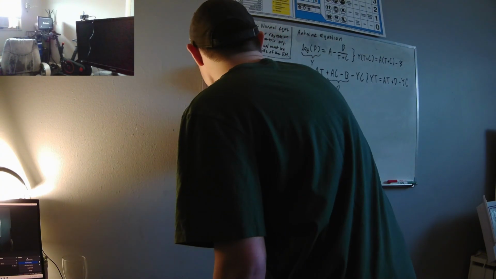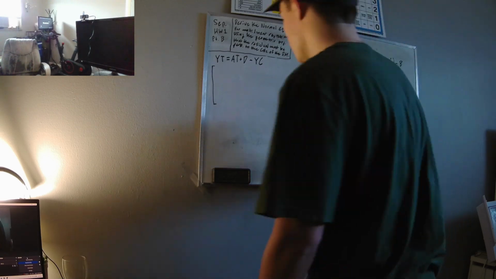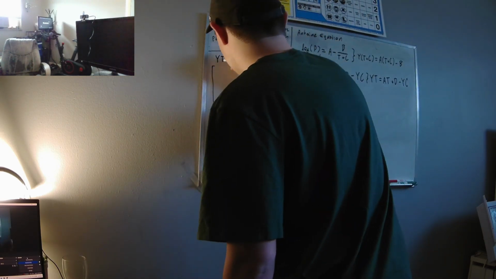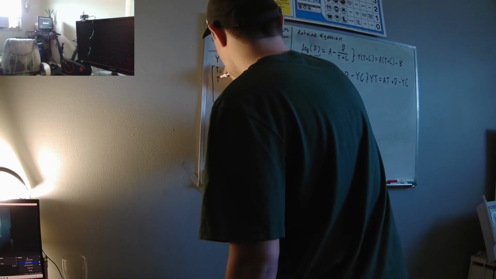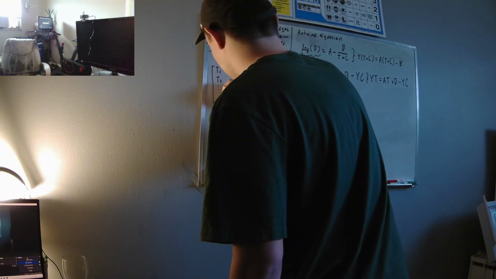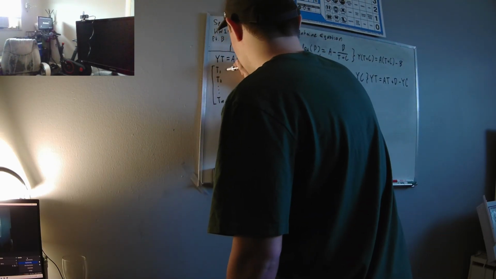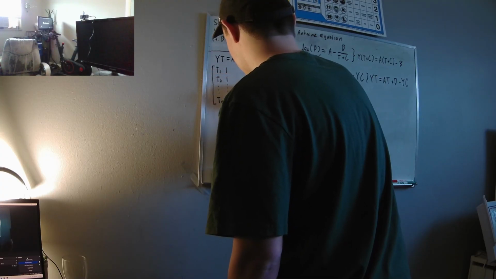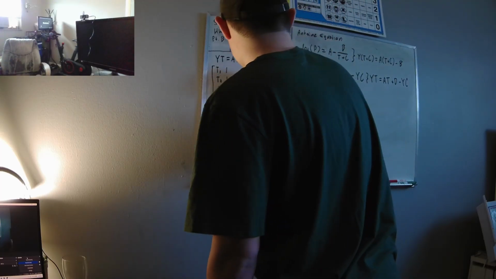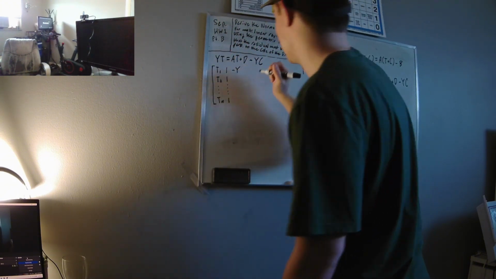Alright, what this is going to give us for our design matrix is a column of t's, t1, t2, all the way to tn, followed by a column of ones of the same size n, and finally a column of minus y's because of this minus sign right here.